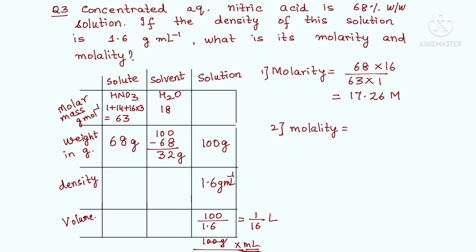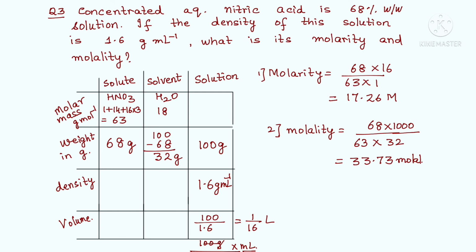Okay, molality: weight of the solute again divided by the molar mass of the solute, times the weight of solvent, which is, of course, 32 grams. But what do we have to do? We have to convert this solvent weight into kilogram and get our answer, which is 33.73 molal.